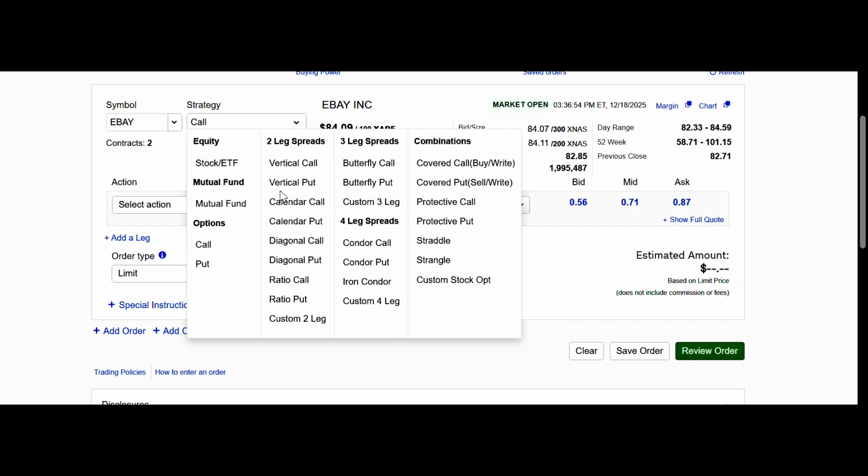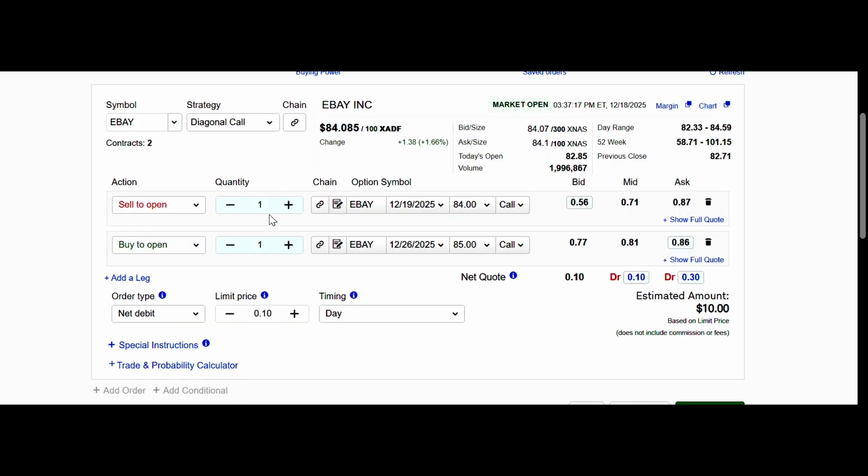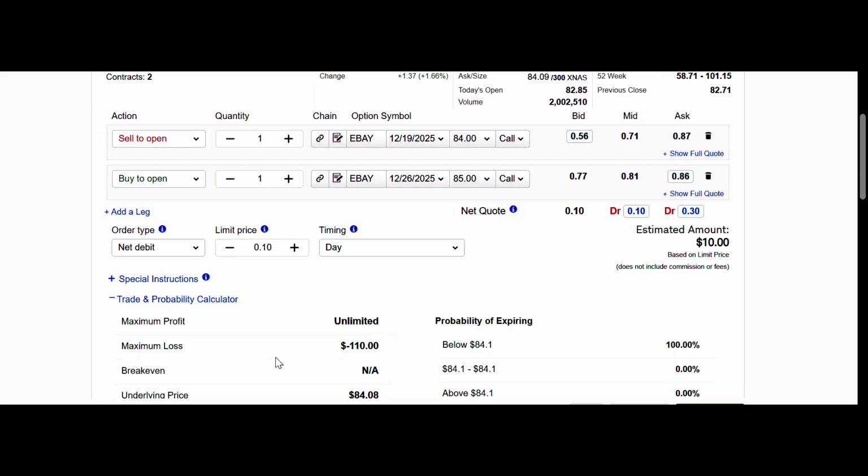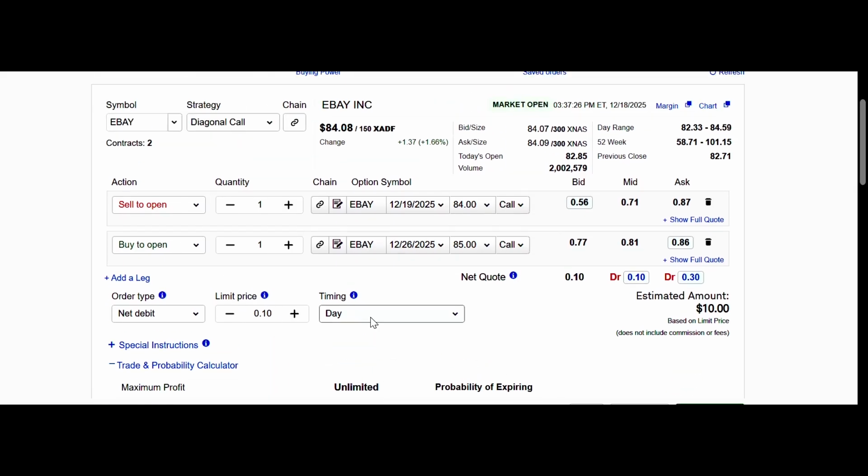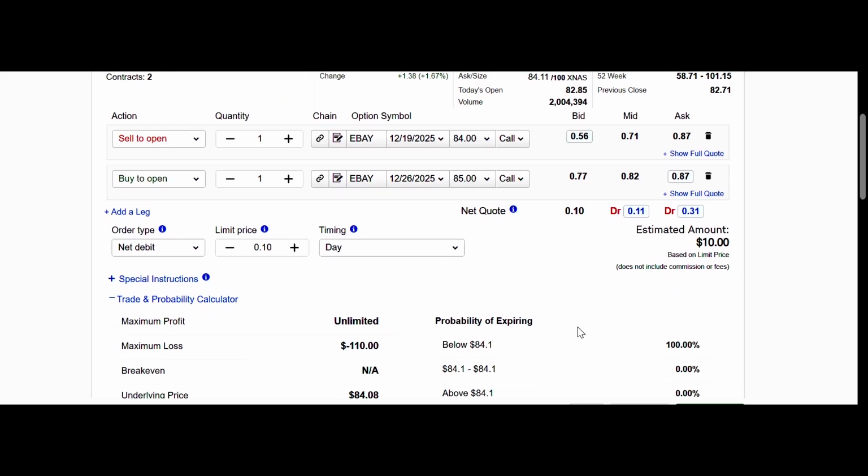But let's stick to the simple stuff, where you can see the risk and reward ratio. So we're going to do a diagonal call, and the reason I like a diagonal call is because you're already seeing in the beginning the amount of money it takes.